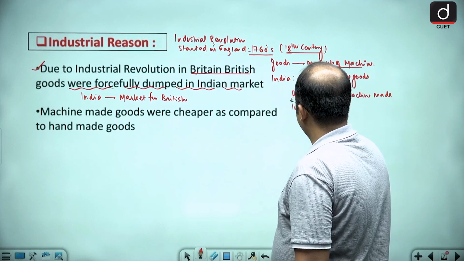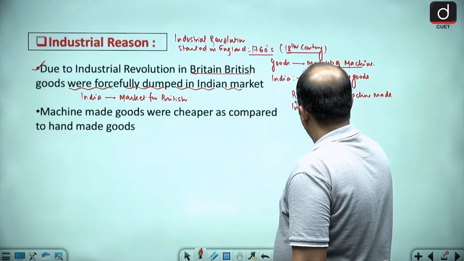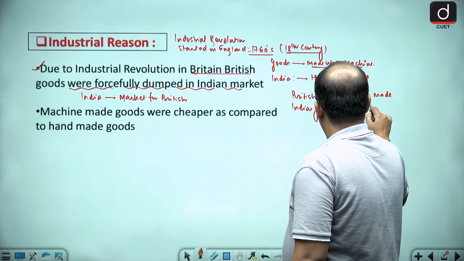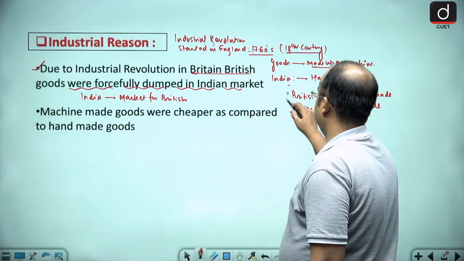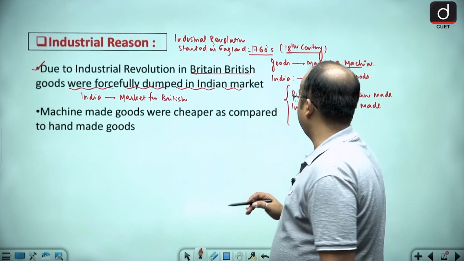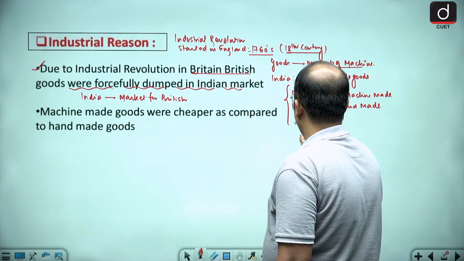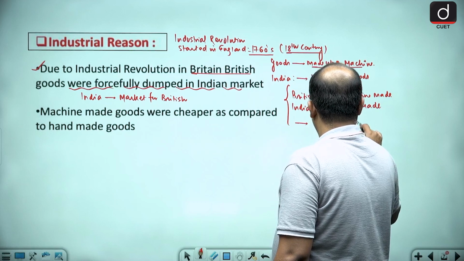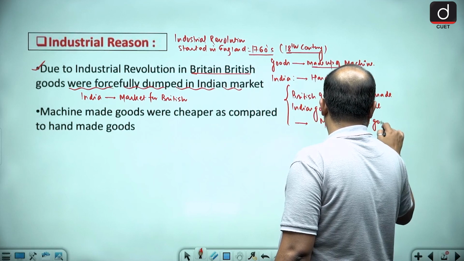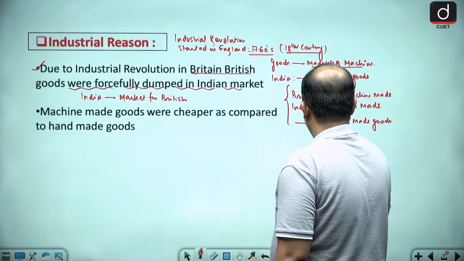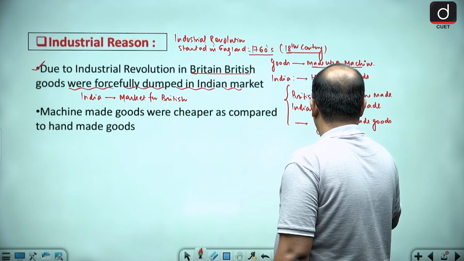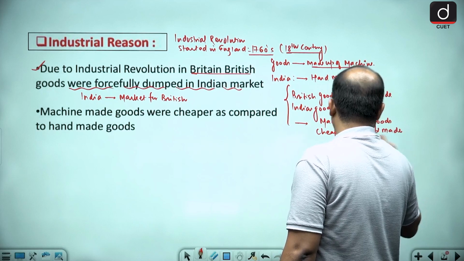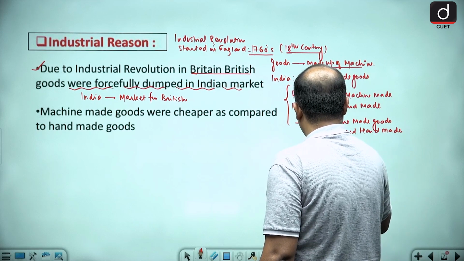And Indian goods were handmade. So what you will find, my dear learners, is that machine-made goods are cheaper and handmade goods are costlier.